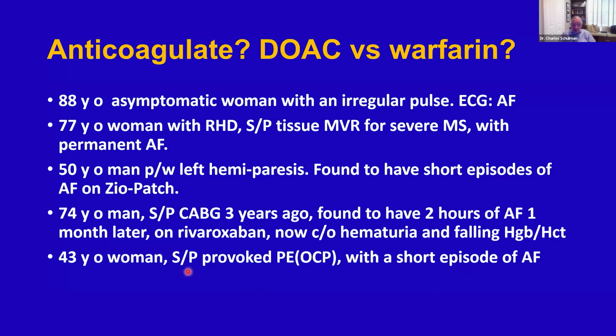And the last is a 43-year-old woman, status post provoked PE, thought to be due to birth control pills, who had a short episode of AFib. So this person has a CHA2DS2-VASc of 0. And should you anticoagulate this person? Probably not.